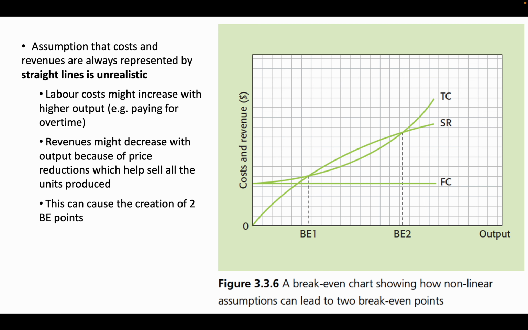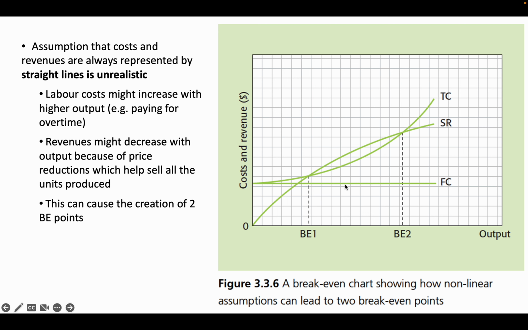The assumption that costs and revenues are always represented by straight lines is unrealistic. And here I just wanted to point out what problem that might cause. So if, for example, labor costs increase with higher output, for example, if you're paying overtime, then the total costs might be increasing.